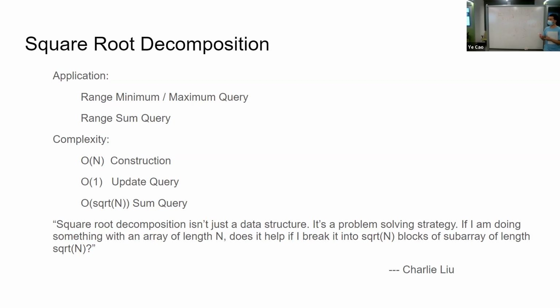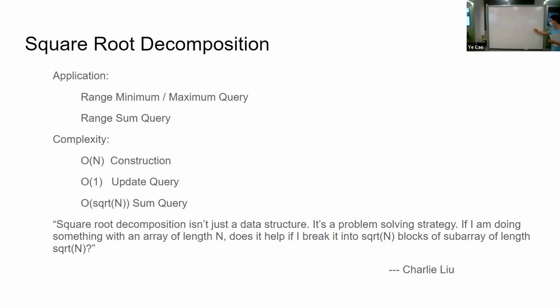Can anyone tell me what will be the complexity for the range sum query? Or just make a guess. Could it be the root, so it should be the root only? Sorry? You mean square root? Yeah.